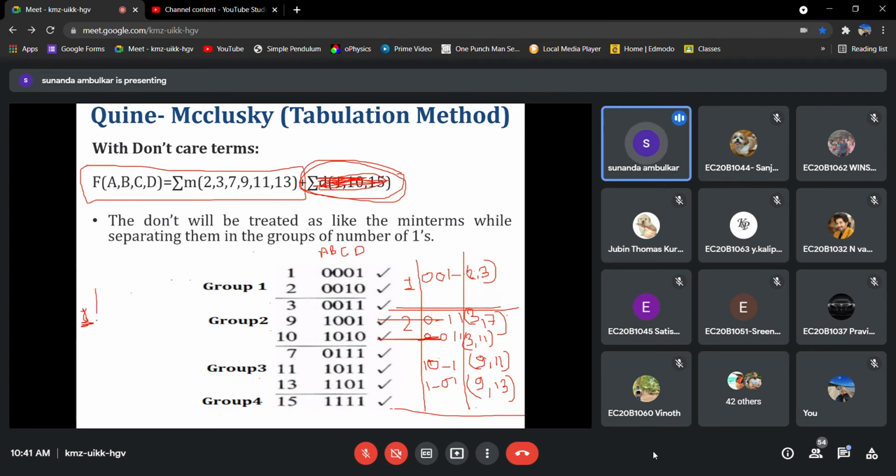So what will be the combination? If we compare 0 0 1 dash with 0 dash 1 1, 0 0 is changing. No possibility. Now we will check 0 0 1 dash with 0 0 1 1.